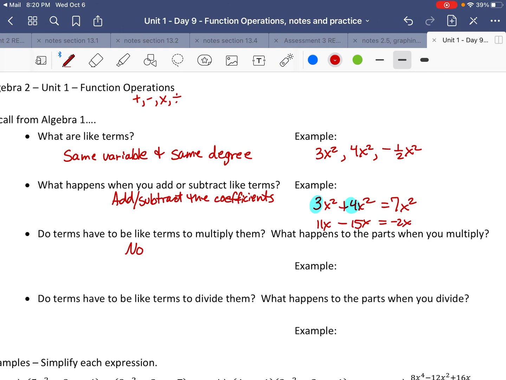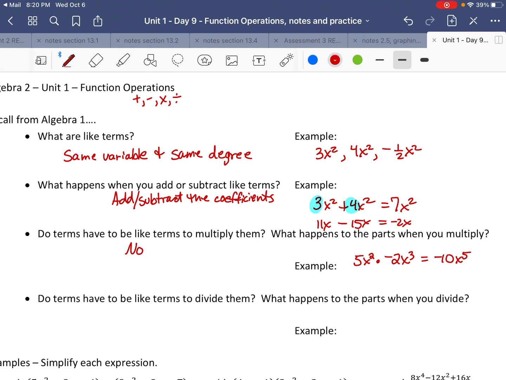Let's say we had 5x squared and we were multiplying that by negative 2x to the third. Remember, 5 times negative 2 is negative 10, and x squared and x to the third make x to the fifth. Remember, when you multiply, you add the exponents. And you guys know this.